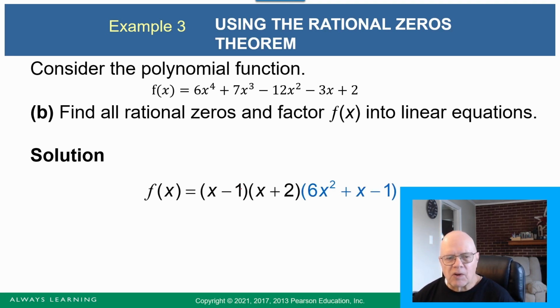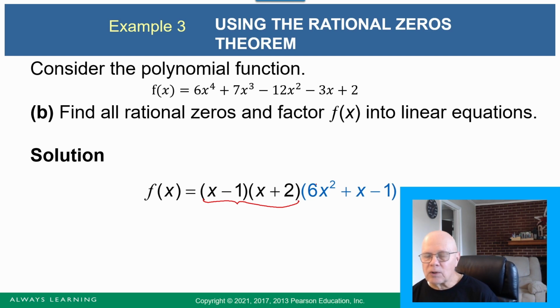So what we've got so far is these linear factors, and we're at a good point. At this point, we can throw away all the possible rational zeros, and we can just factor this. Worst case scenario, you could use the quadratic formula and get the other zeros.